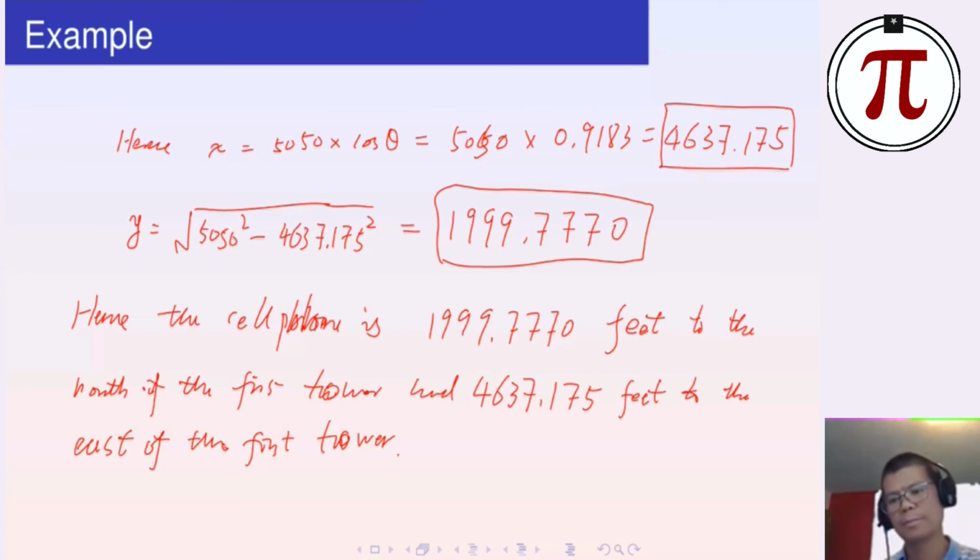Basically, that's what we mean. So that's what we want to find.